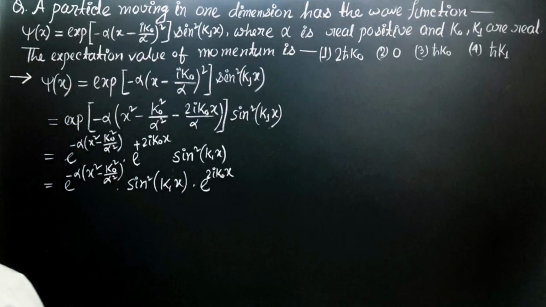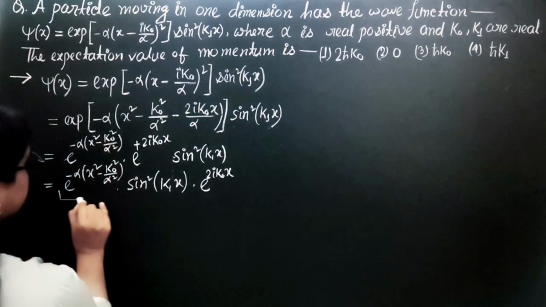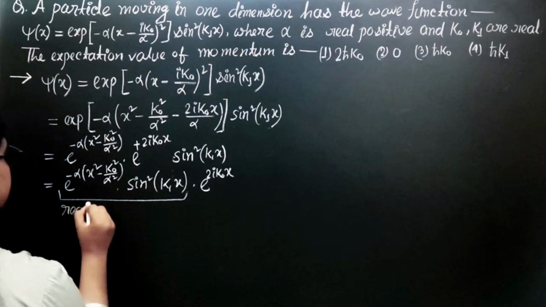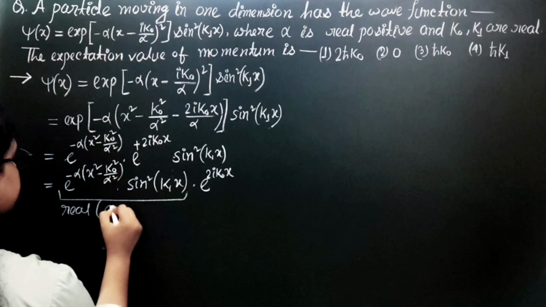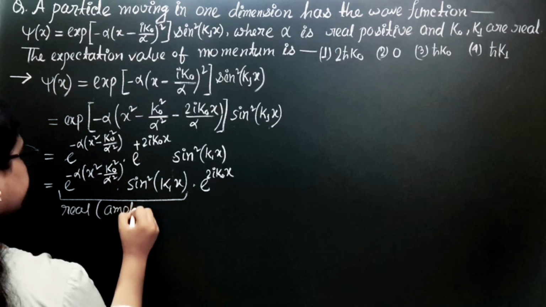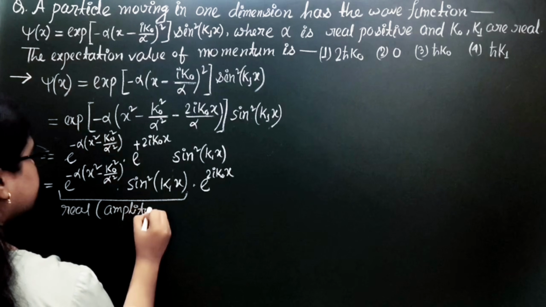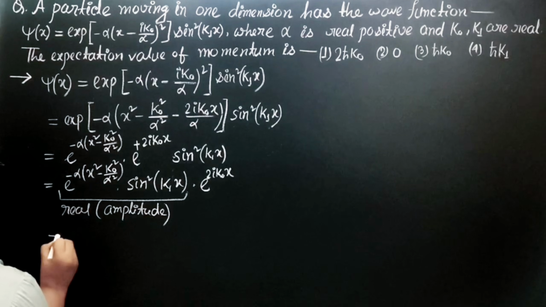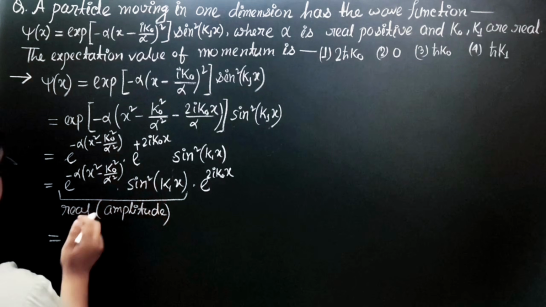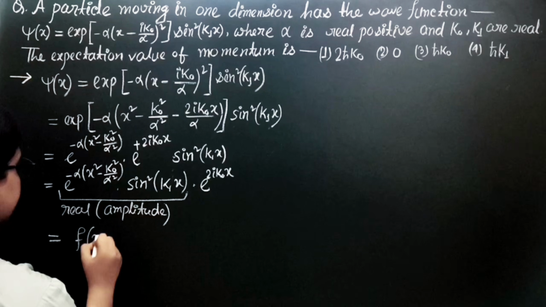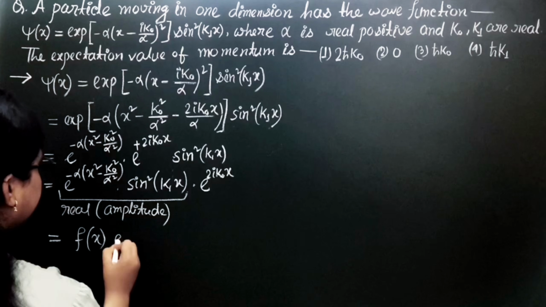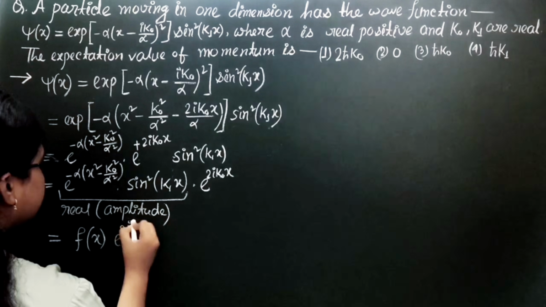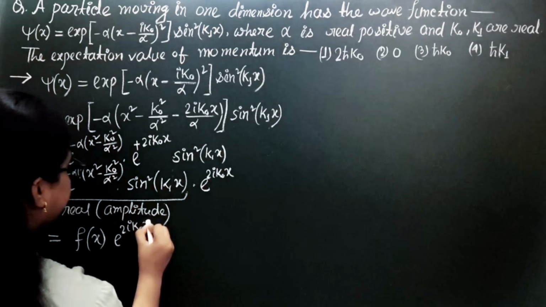Now look, this term is real, so we may consider this as amplitude, and this is the phase factor. So we can consider this as f(x), where f(x) is a real function and it is an even function also, right? Times e to the power 2i k naught x.